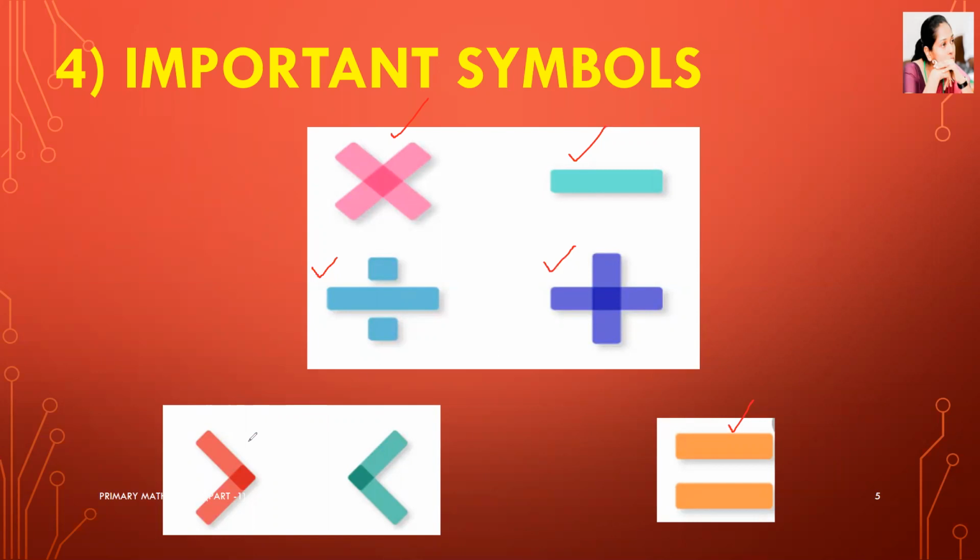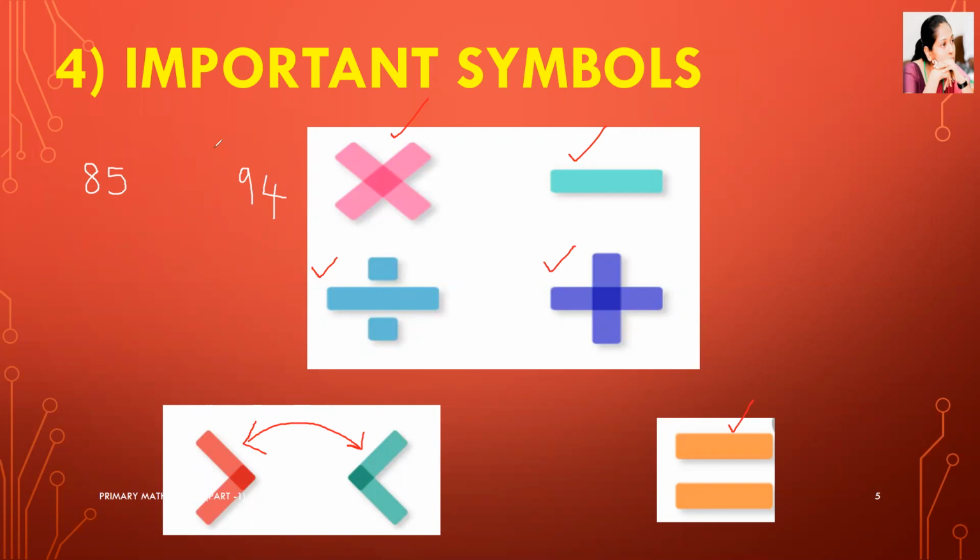Now we use these two symbols when we want to compare. Let me show with an example. I will take 85 and 94. So these are my two numbers. Now I'm going to compare. Between 85 and 94, which is larger? 94.